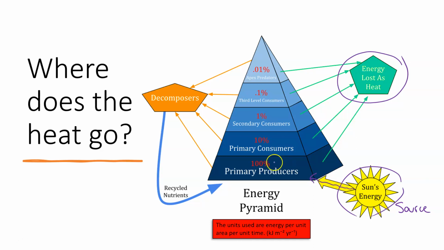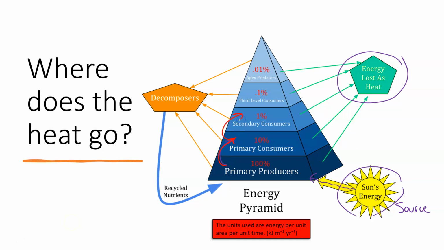The producer level will lose 65% of its energy to the environment. It will also utilize 25% to keep itself alive. And so 10% is the only amount of energy that will be transferred to the next trophic level.